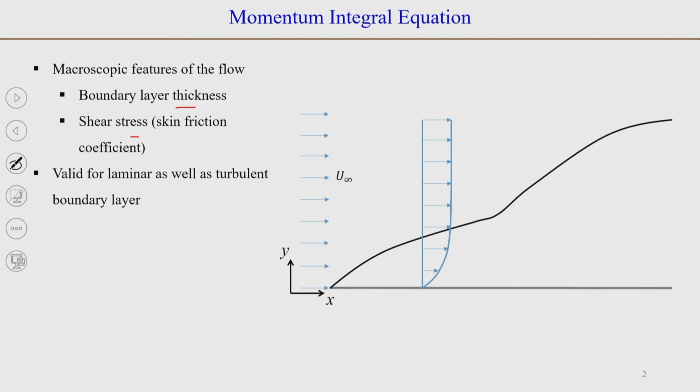Now, when we do differential analysis, the equations that we use can be valid for both, but we will need to be able to resolve all the features. For example, when we talk about velocity profile, the 1/7th law of velocity profile for turbulent flow is not valid in the near wall region.